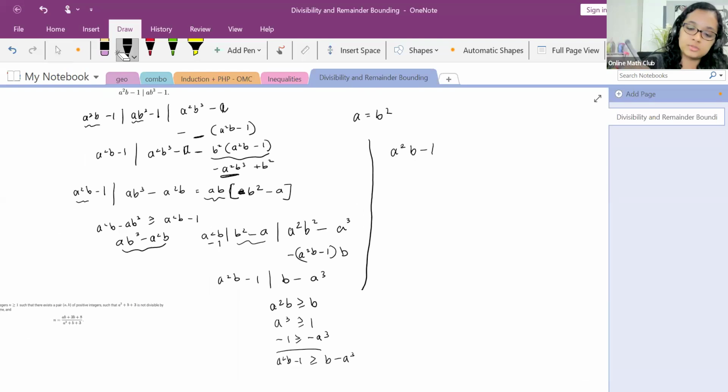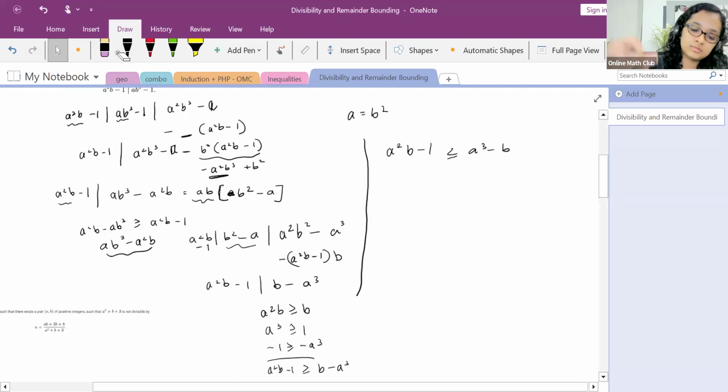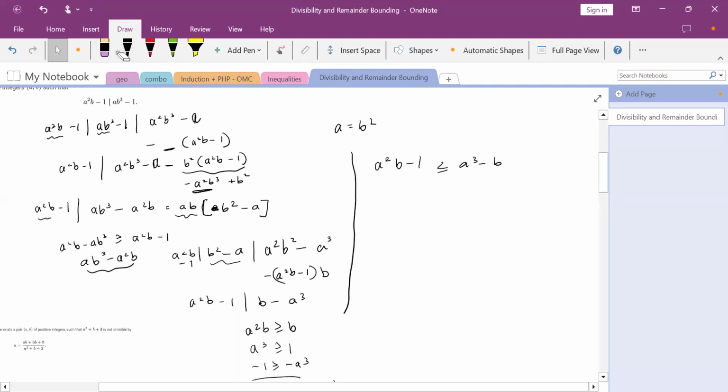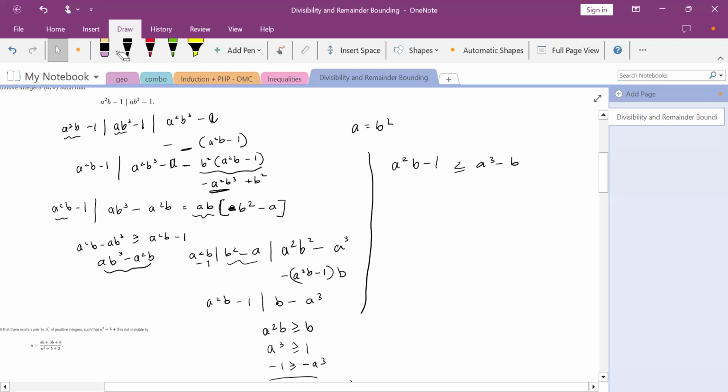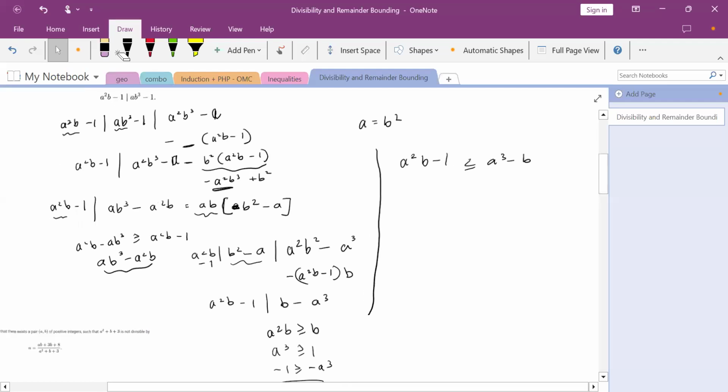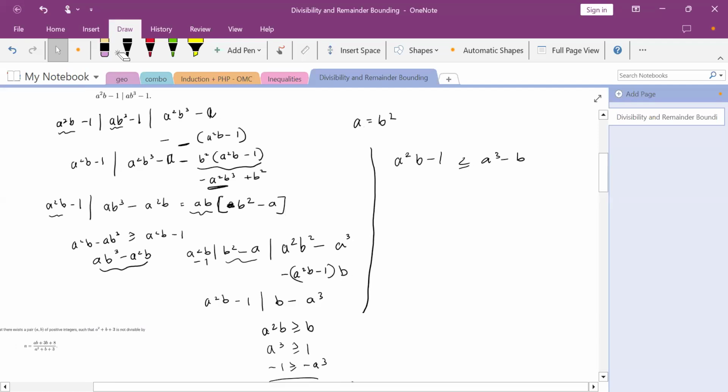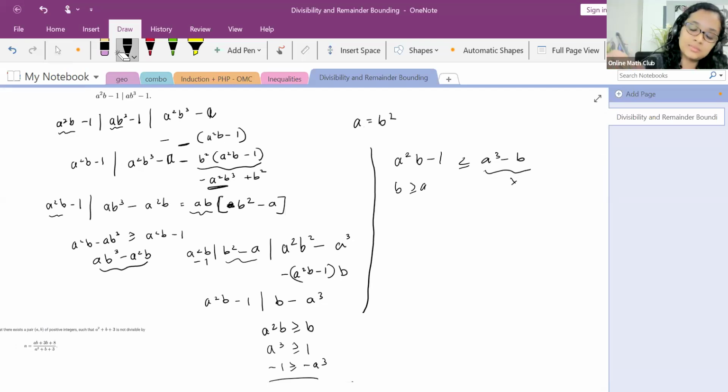What if you need to show this? From here we know that b is greater than or equal to a, so we can write a square... Yeah, b is greater than or equal to a, so this cannot be positive. Okay.